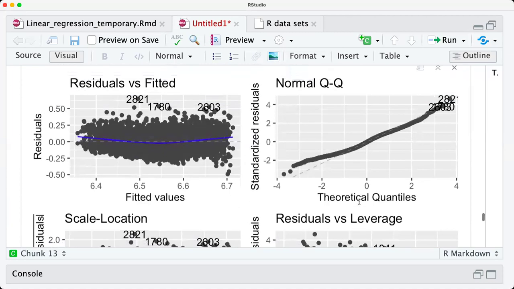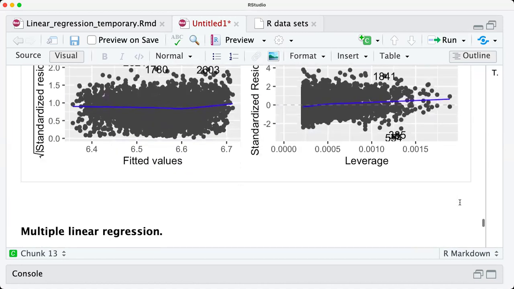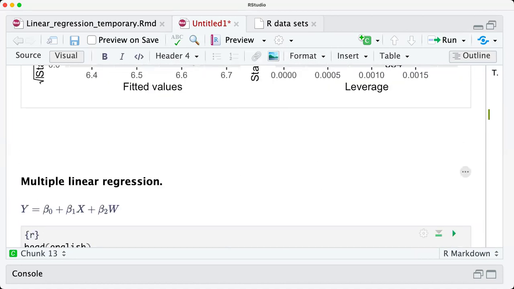It's a way to see the difference between the distribution of the residuals and the normal distribution. On the y-axis, you have the quantiles of the normal. On the x-axis, you have the quantiles of our residuals.